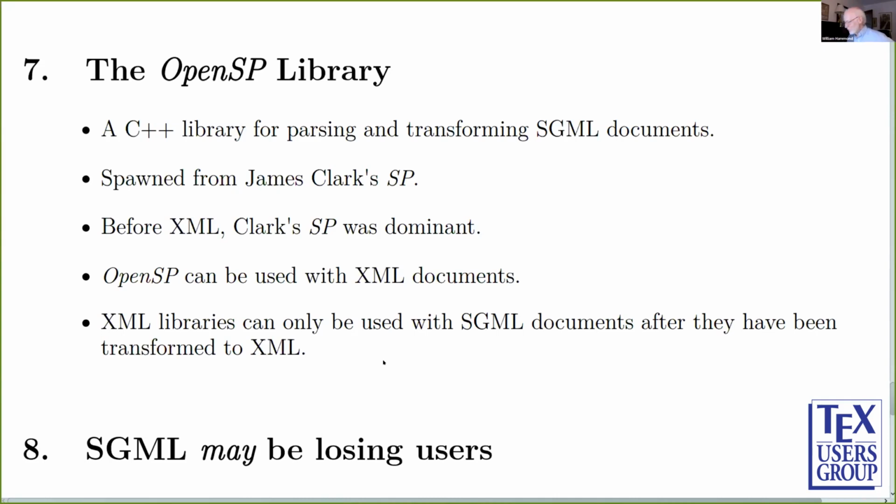In the old days, there was something called normalization, and transforming an SGML document to an XML document is pretty much the same thing as normalization in the old days.